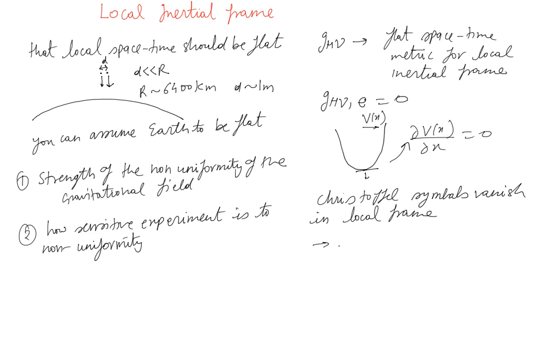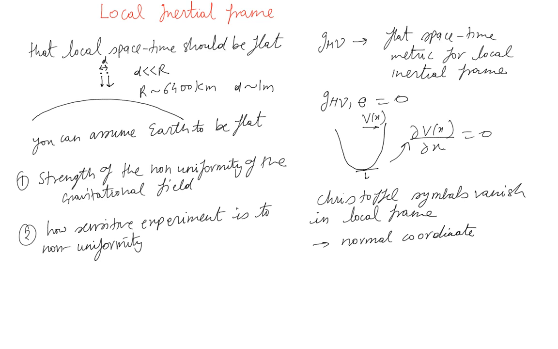Well, you have to choose a certain kind of coordinates called normal coordinates, because we know we can always make a transformation such that in flat space we can make Christoffel symbols 0 by transferring to an appropriate frame. So choosing normal coordinates, in the local frame Christoffel symbols vanish. Same for g mu nu.